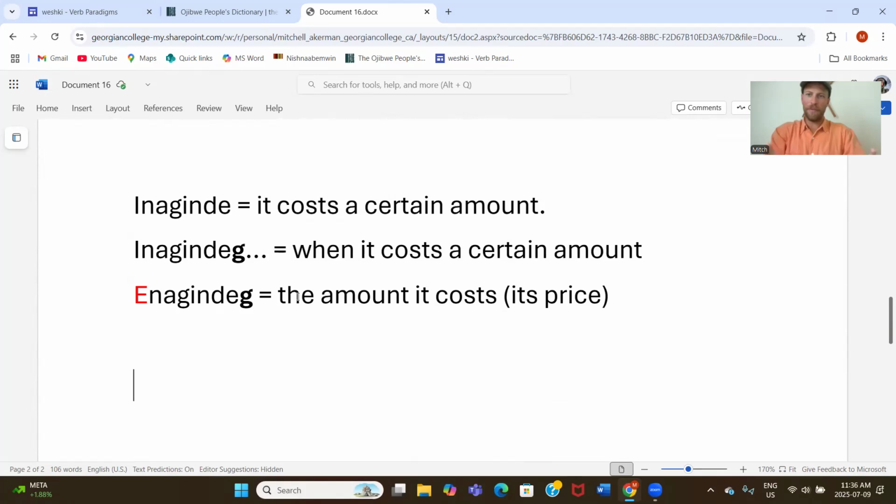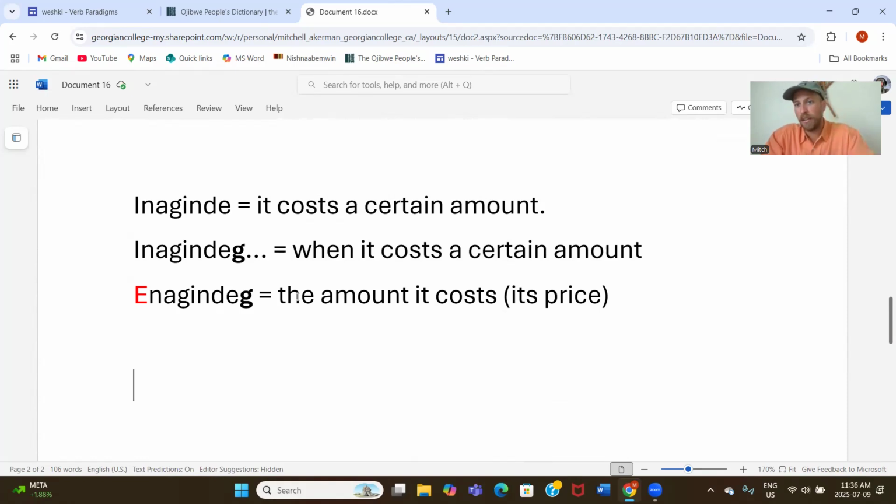And that's how you could use that with a question word like onish. Onish enagandeg. How is its price, or what is its price? Onish enagandeg il godas. How much does the dress cost? Onish enagandeg il wilquan.